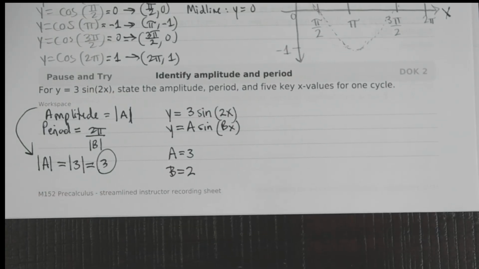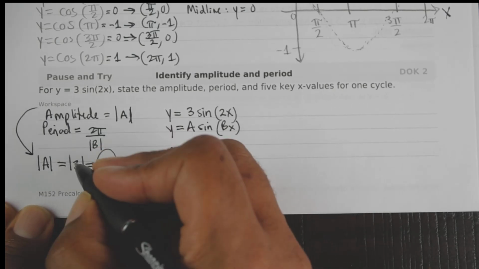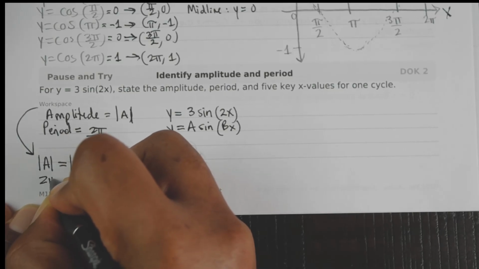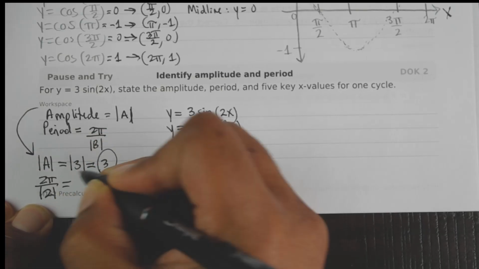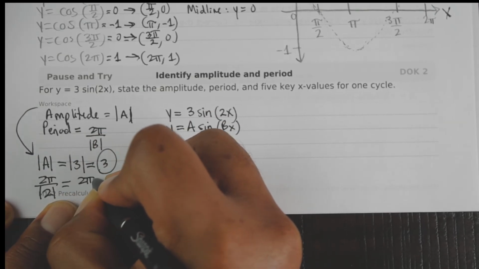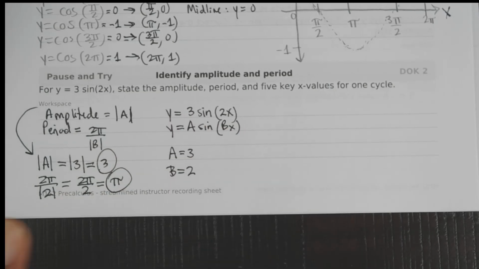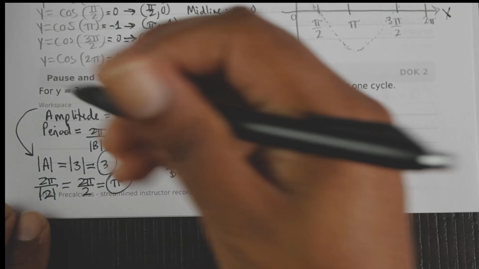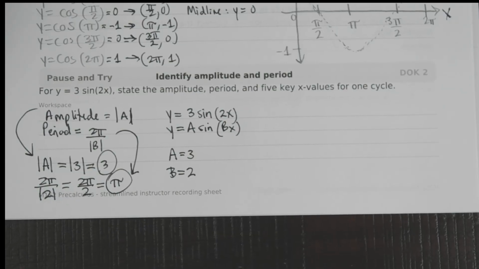And now we can find the period as well, because we already have b located here. So that would be 2 pi over the absolute value of 2, which would be 2 pi over 2, which would simply be pi. So the period is pi.